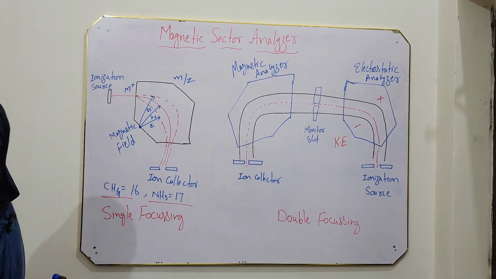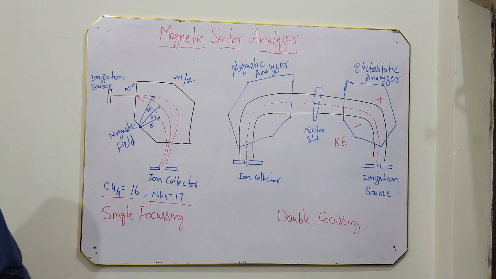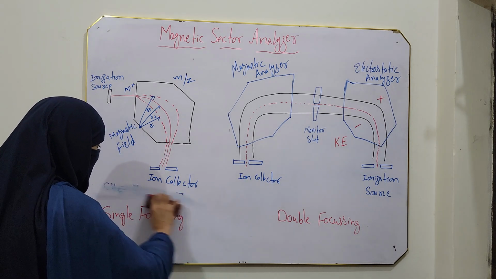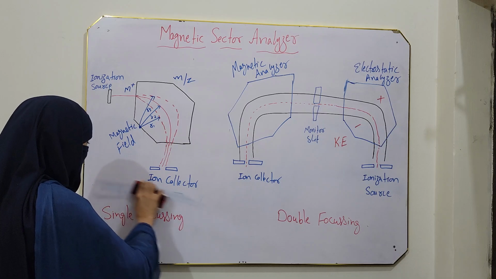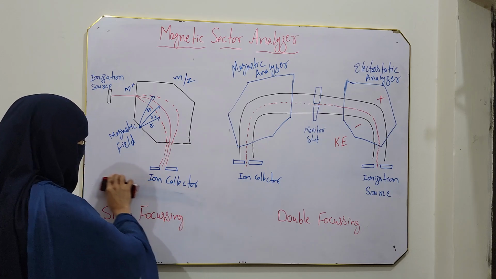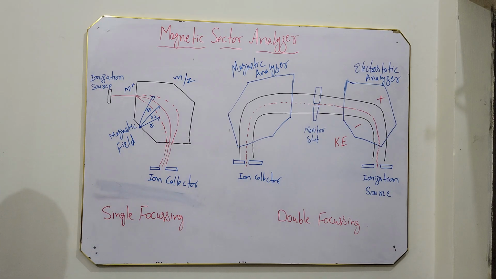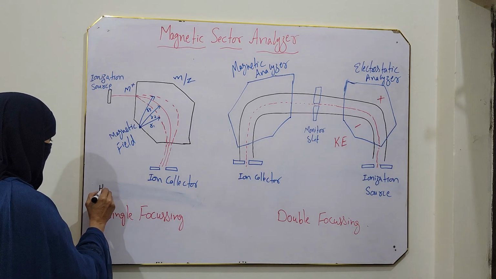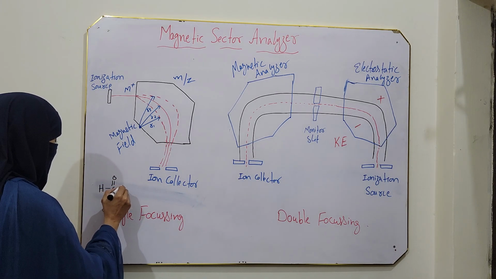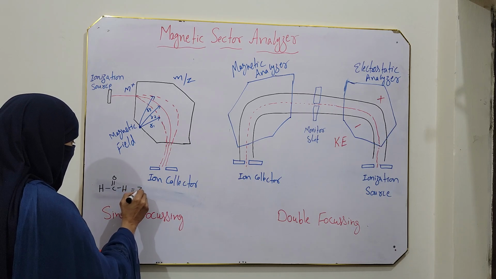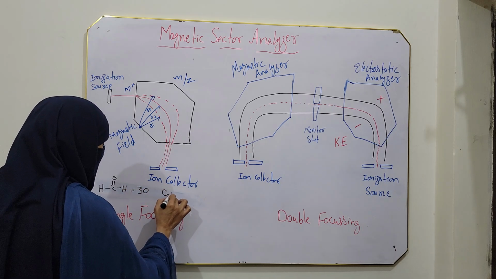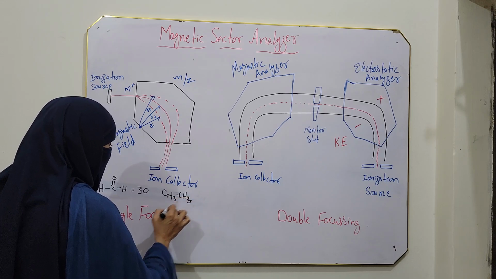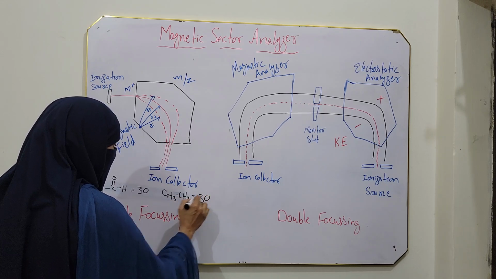But compounds which have a mass to charge ratio difference of less than 1 cannot be separated by a single focusing analyzer. For example, we have formaldehyde, its mass is 30, and we have ethane, CH3CH3, its mass is also 30.